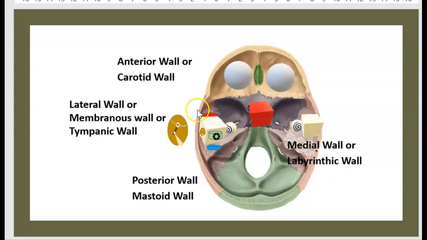I repeat, anterior wall or carotid wall, posterior wall or mastoid wall, lateral wall or membranous wall or tympanic wall, and medial wall or labyrinthic wall. Here's the inferior wall and here's the roof.